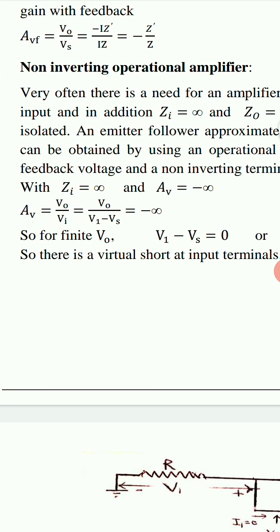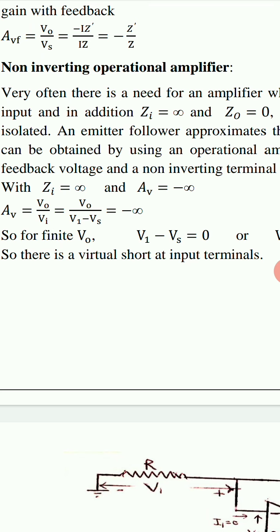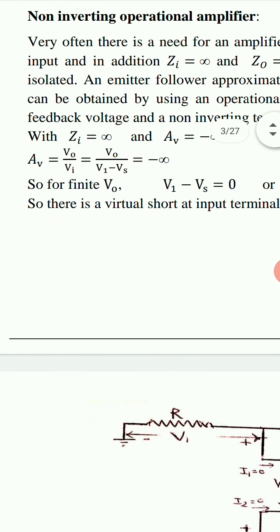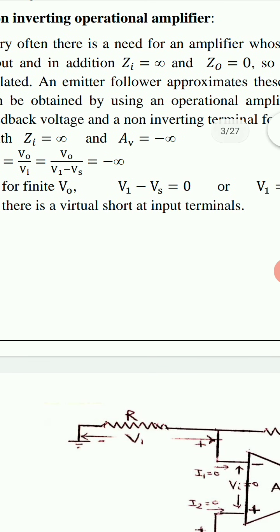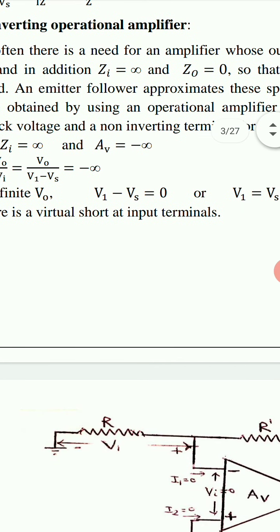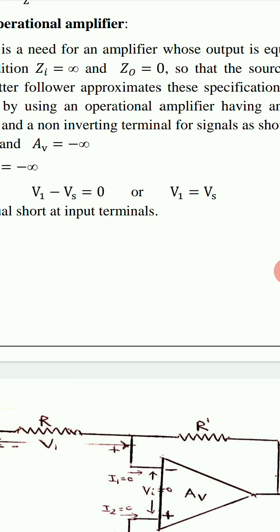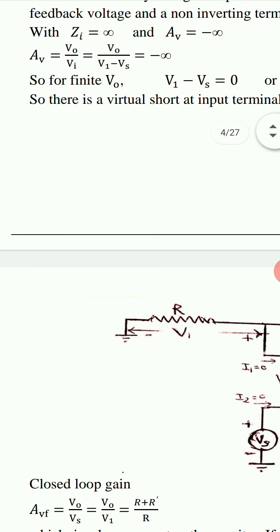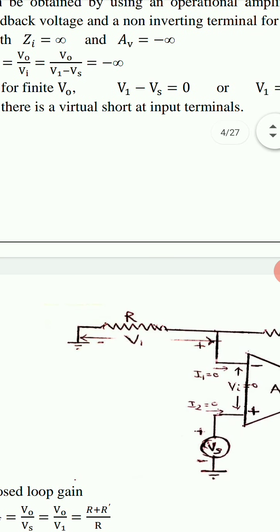With Zi equal to infinity and AV equal to minus infinity, voltage gain AV equal to VO upon VI equal to VO upon V1 minus Vs equal to minus infinity. So for finite VO, V1 minus Vs must be equal to 0, or V1 must be equal to Vs. So there is a virtual short at the input terminals.